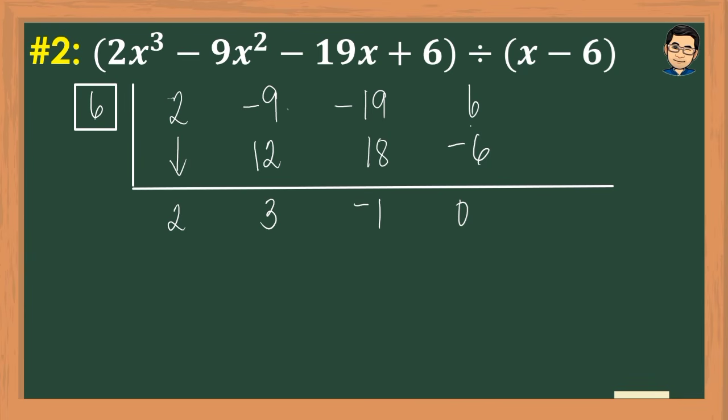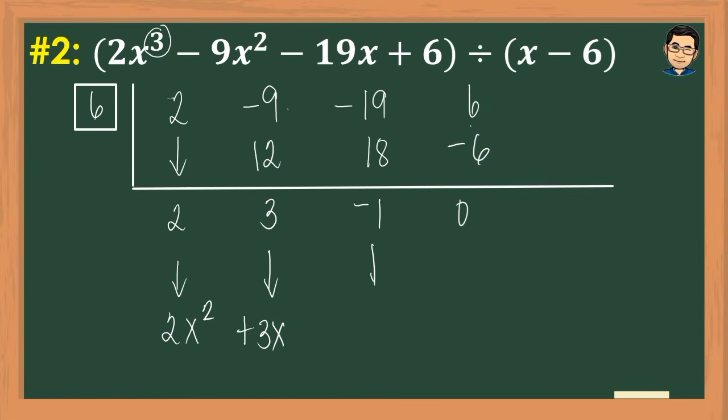So, and then yung mga nakuha nating sagot na nasa third row, so, ita-transform lang natin in terms of x. So, since yung highest degree natin is 3, 2x squared po yung nauna natin. And then, yung 3 in terms of x, 3x.